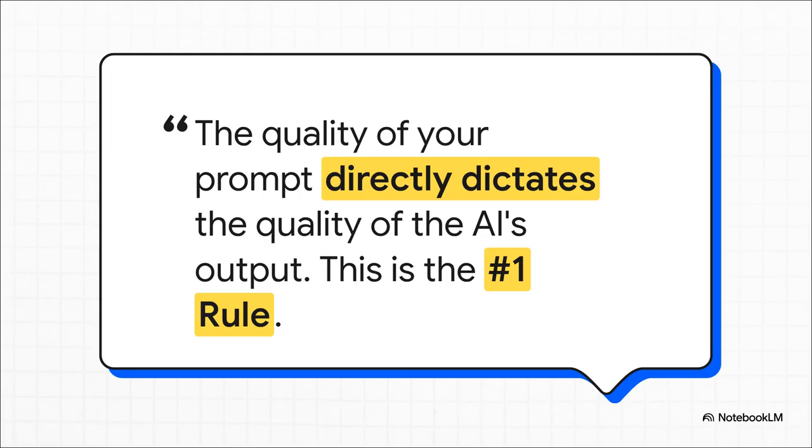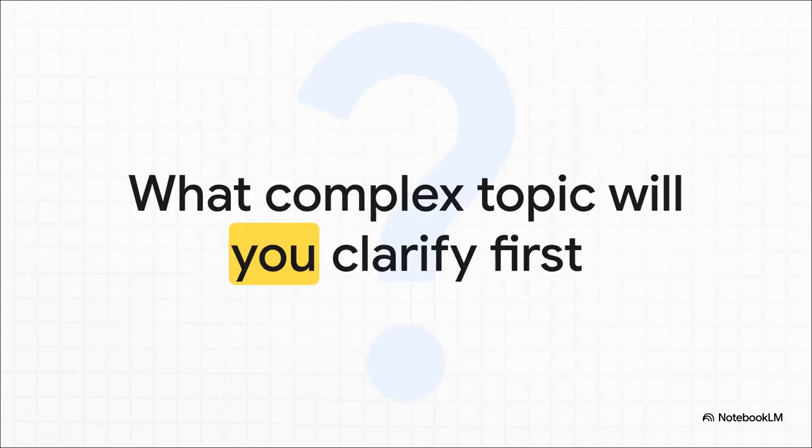You are 100% in control. And that pretty much brings us to the end. The power to transform chaos into clarity is quite literally in your hands now. You have the blueprint. So I guess the only question left to ask is, what complex, messy, intimidating topic are you going to clarify first?